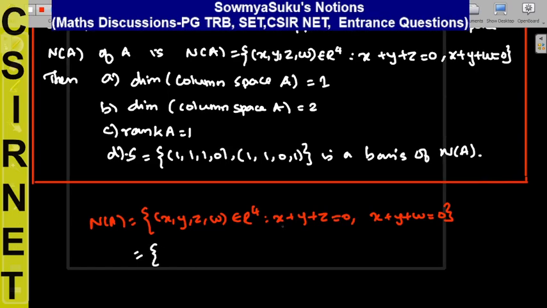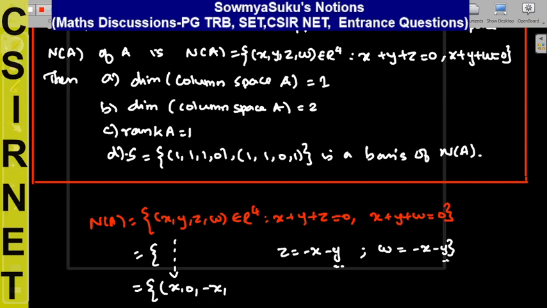Here you can write that z is equal to minus x minus y, and w is equal to minus x minus y. Right? If I am putting y equal to 0, what happens? Here you can see y is 0, so this becomes minus x minus 0. So the z place is minus x, and again the w place is also minus x. Now first I put y equal to 0, then I am taking x equal to 0.